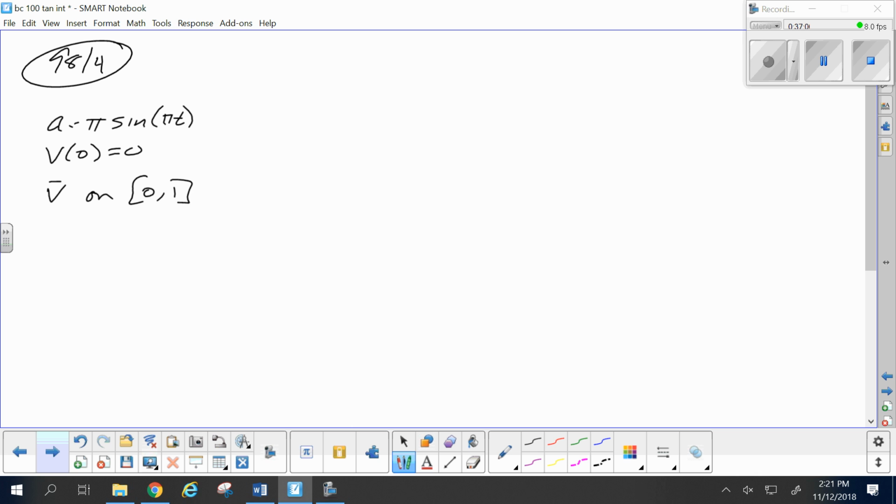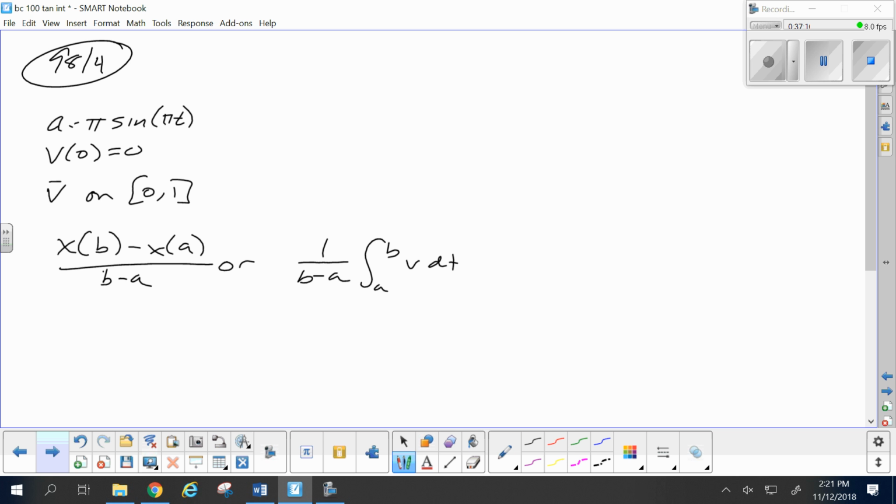There are two ways to find average velocity: change in position over change in time, or average value of the velocity. These are equivalent if you think about it. If you did the integral, the antiderivative is x, so it would be x at b minus x at a. They're the same.